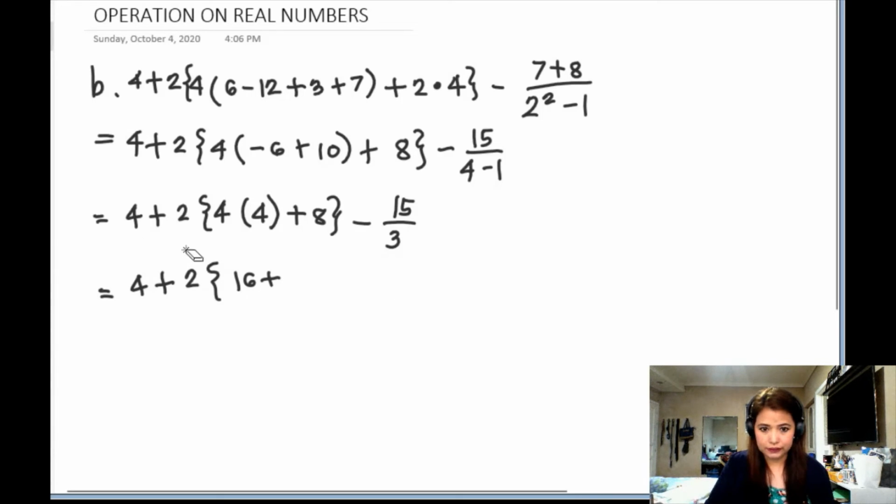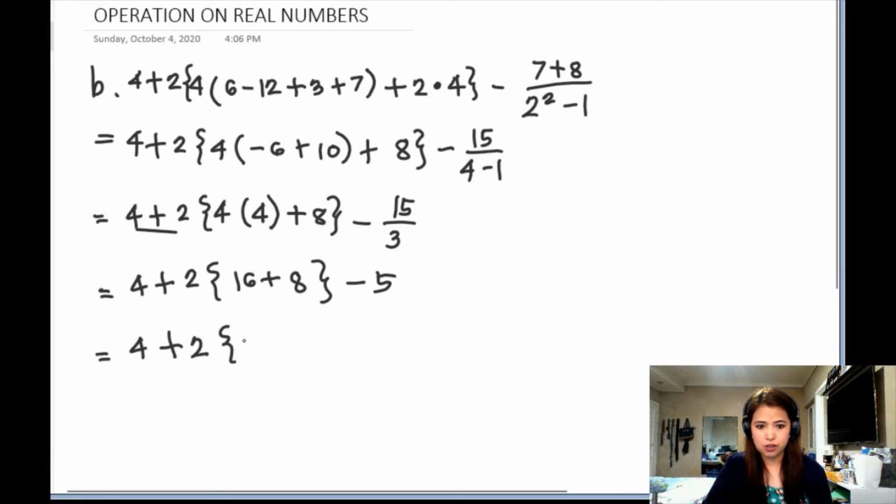So that is 16. I have to rewrite it. 16 plus 8. Minus 5. So we have now 4 plus 2 times 24 and then minus 5.